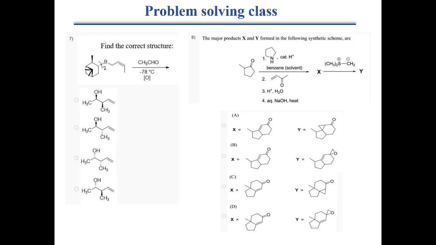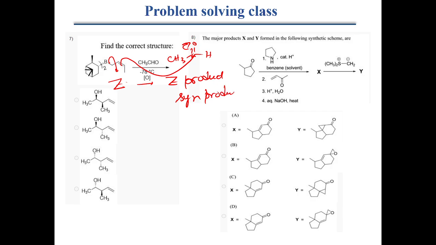And the structure, so as the aryl correlation happens, 6, 3, 3, double 1, 2, 8. So this will go and it will react here. So as this is Z, we'll get the Z product as a major product, or syn product as a major product.